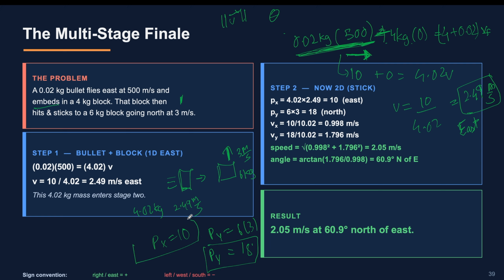Now, I'm going to highlight both of these blocks. And what does this mean? So we have px equal 10 and we have py equal to 18, right? But these are the momentum. How are we going to find the velocity here? The velocity, so px is just equal to mass total times vx.